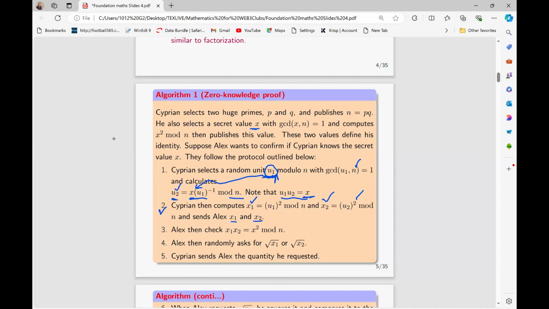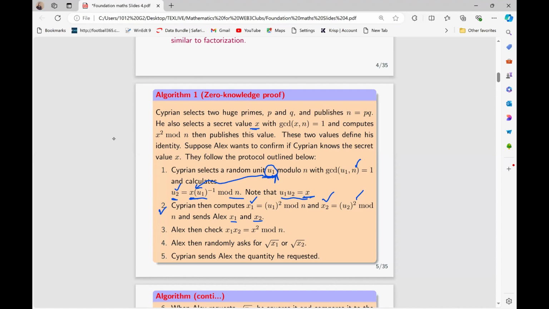That's what he sends to Alex. Remember, let me remind you what Cyprian is doing. He's trying to conceal this x so that Alex does not know it.